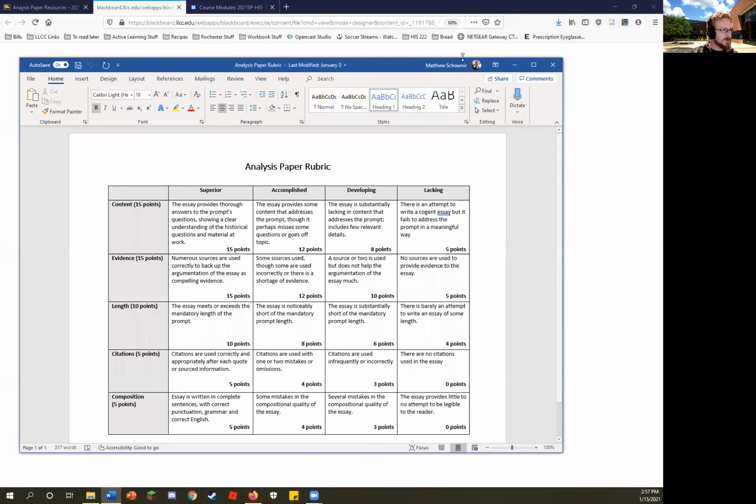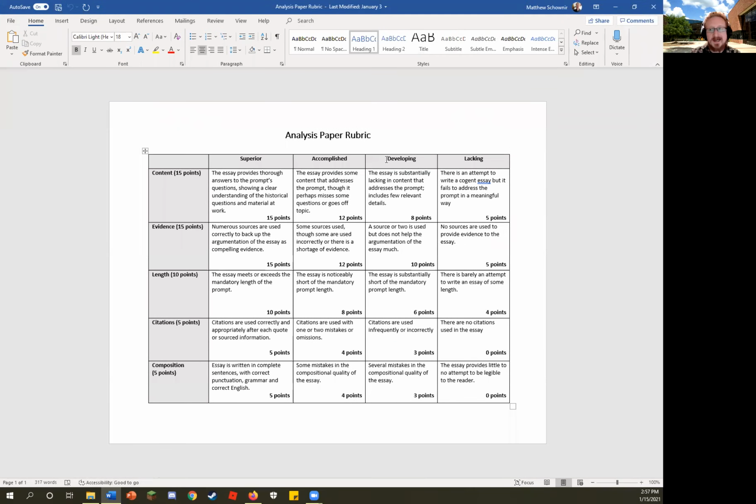I want to take just a really quick look at the rubric that is included up here on Blackboard. It's attached in the analysis paper resources folder. You can peruse this on your own time. Each paper is worth 50 points. And if you are in the superior column and you meet all the different criteria for these analysis papers, you will get 50 points.